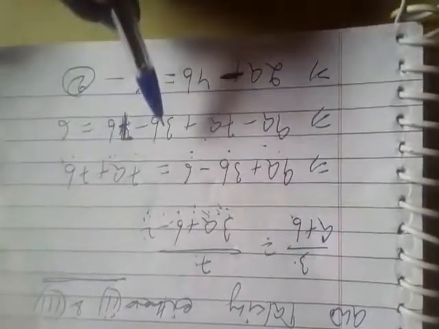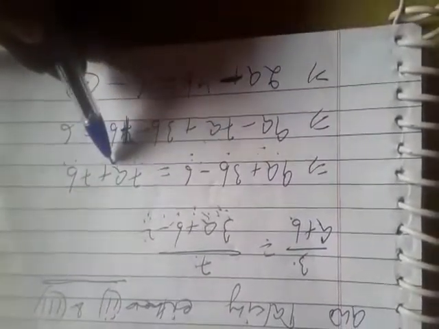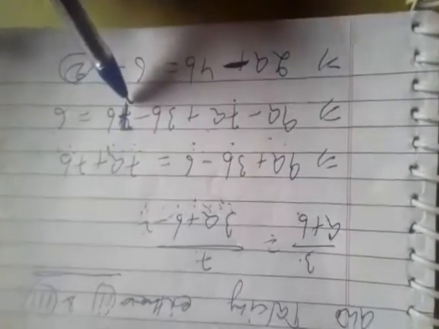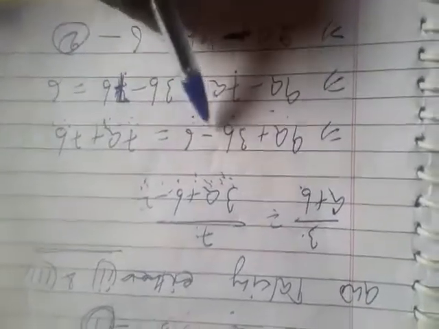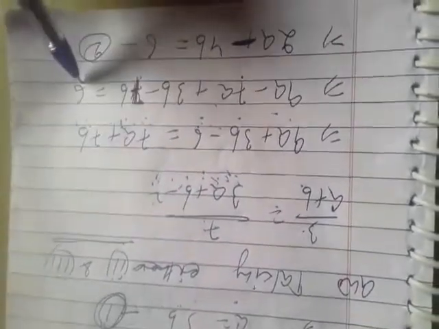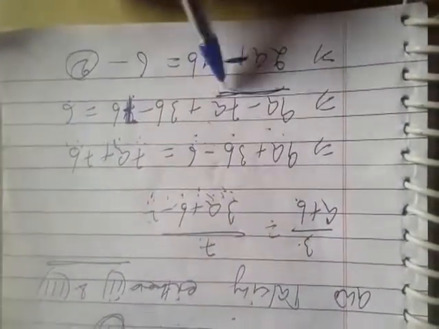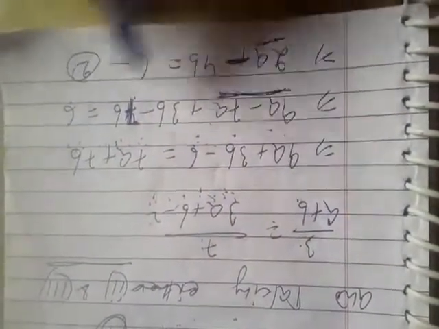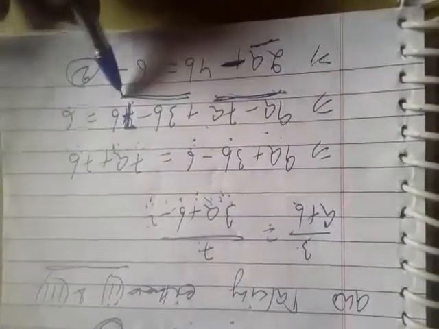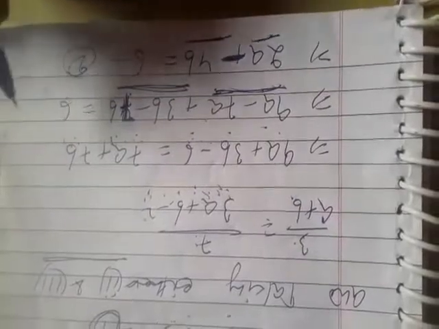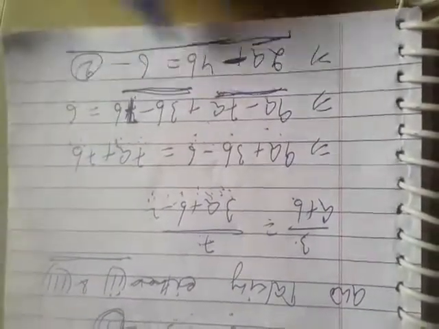When 7a and 7b are taken in LHS, they become minus 7a and minus 7b, and this minus 6 will become plus 6. With simplification, 9a minus 7a gives 2a, and 3b minus 7b gives minus 4b. Therefore we have the second equation: 2a minus 4b is equal to 6.